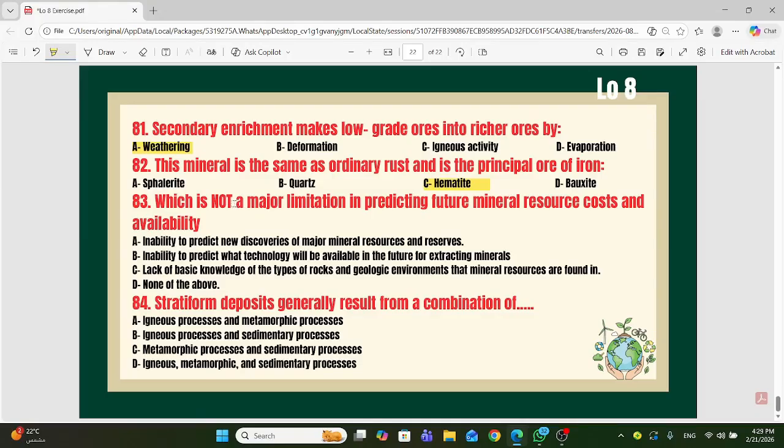Which isn't a major limitation of predicting future mineral resource costs and availability?